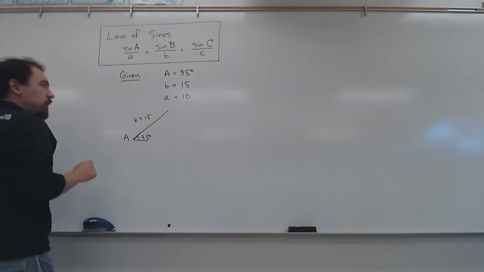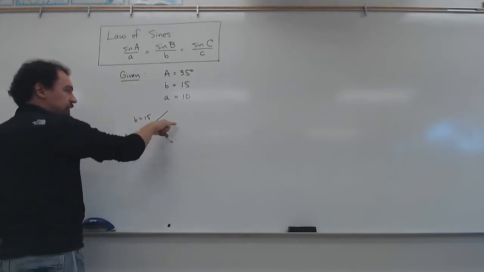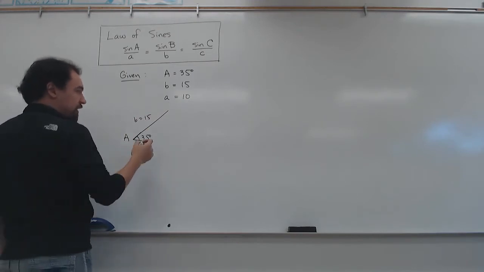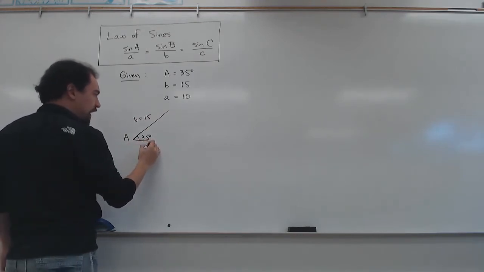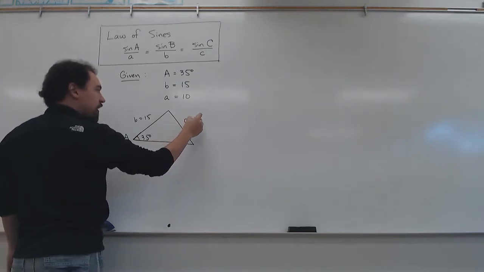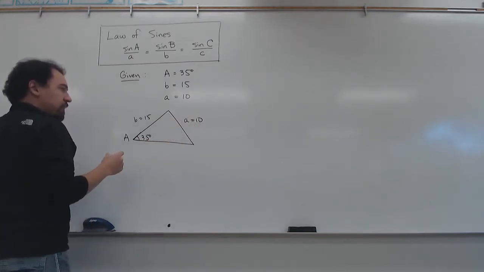And I don't really know how I can place the side a because I don't know angle C. But maybe logically I can say, well, if this is the base of the triangle, then if I close the triangle this way and say a equals 10, then I can do that.